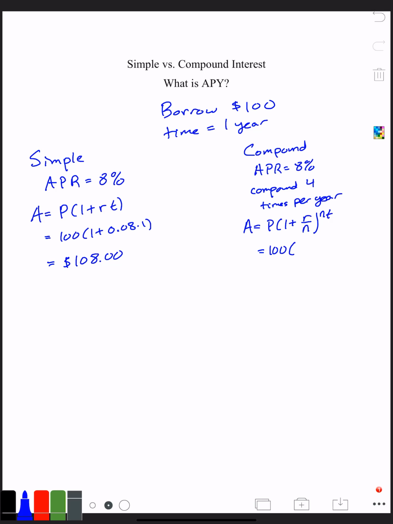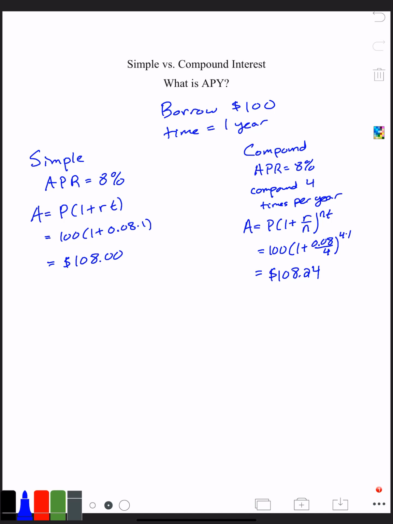That's 100 times 1 plus 0.08 over 4 to the 4 times 1. And we get $108.24. So you see, by having the compound interest, we ended up owing a greater amount at the end of the 1 year. In this case, it's about a quarter that we owed extra, but it is still more. And if you owed larger amounts, say you're buying a car or a house, it ends up adding quite a bit over the life of the loan.